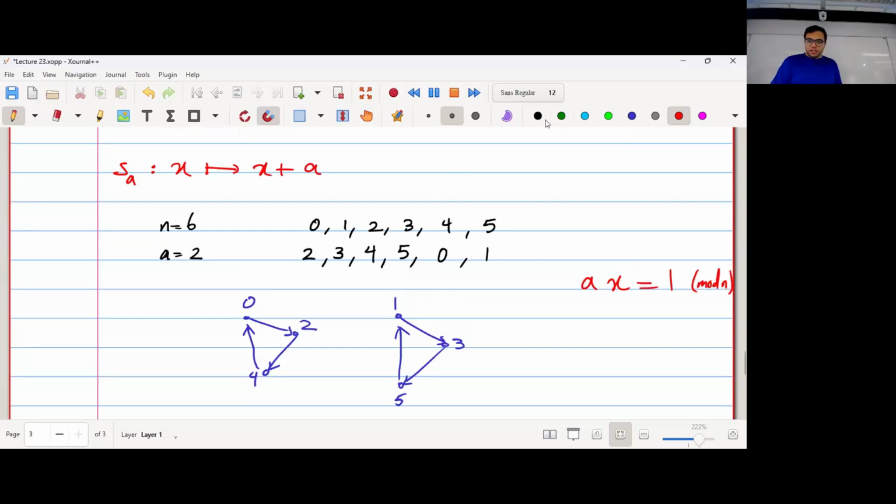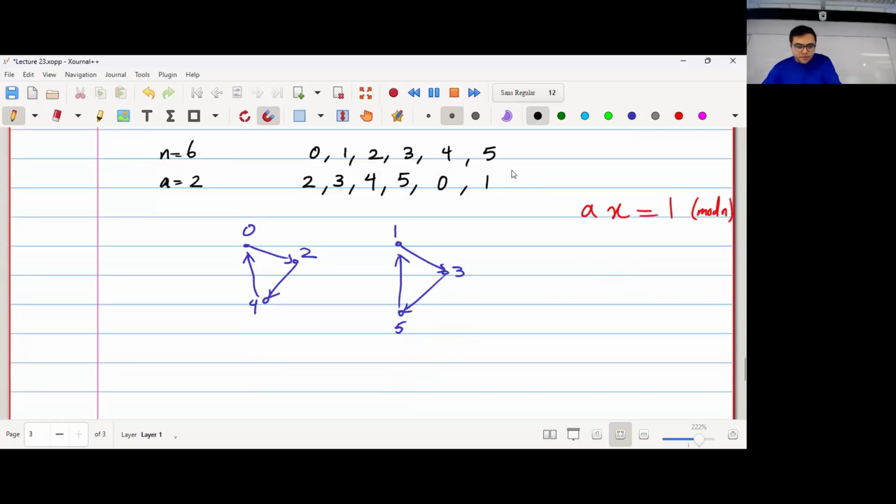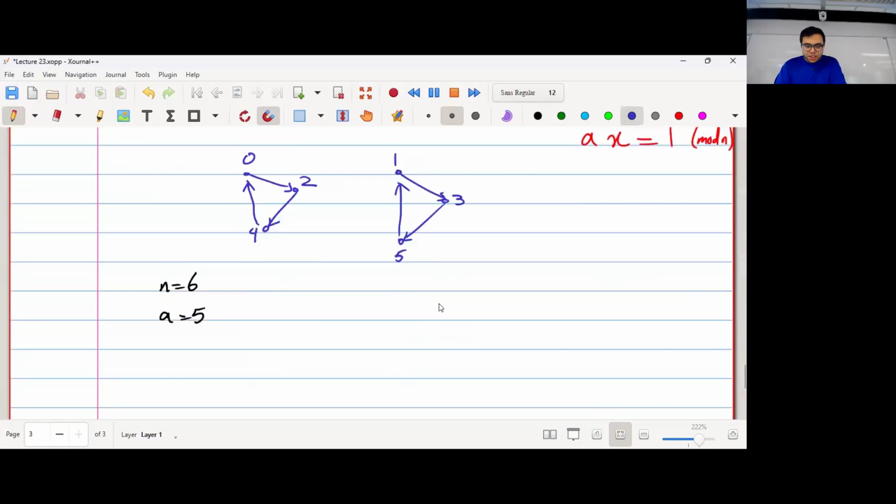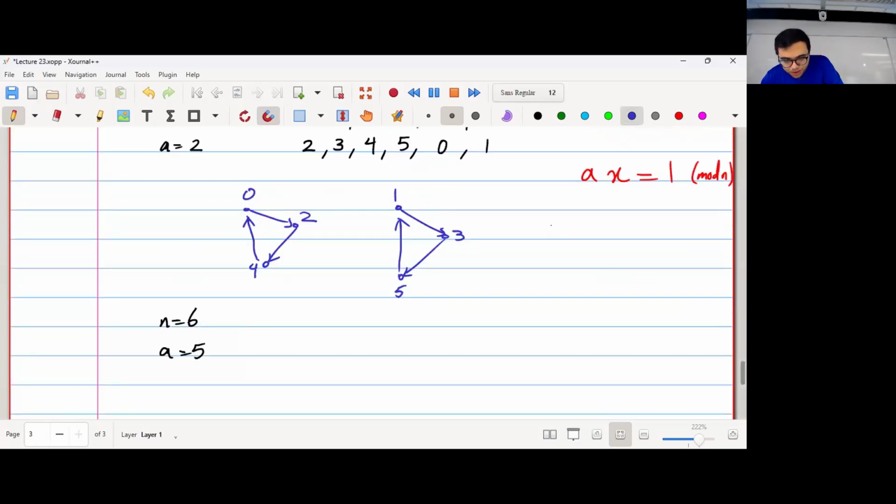So let me do a different example. Let's say my n is 6 and my a is 5. Okay. So I'm not going to do the permutation anymore. I'm just going to draw the cycles. So 0, let me draw it in a different color.